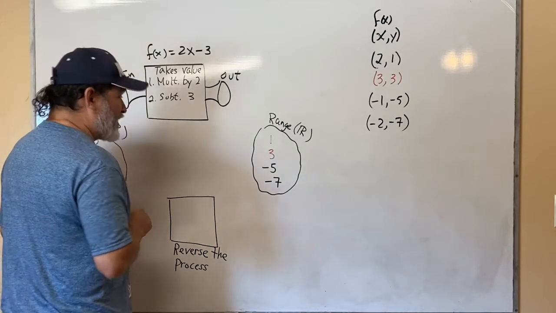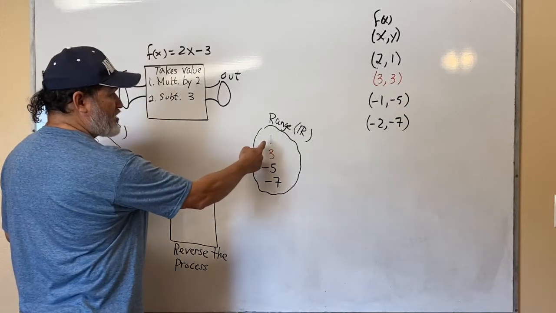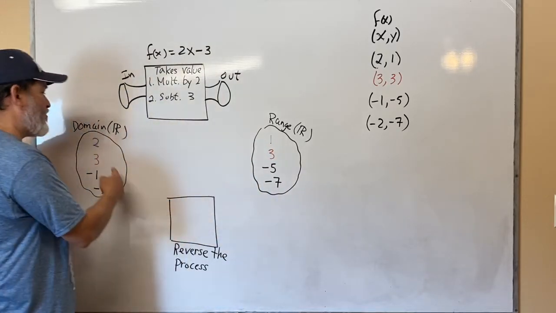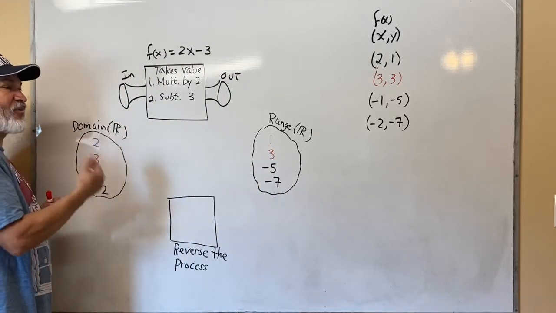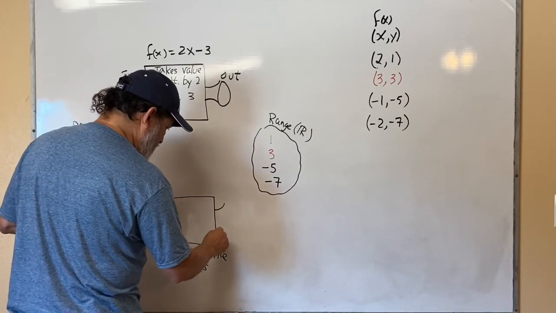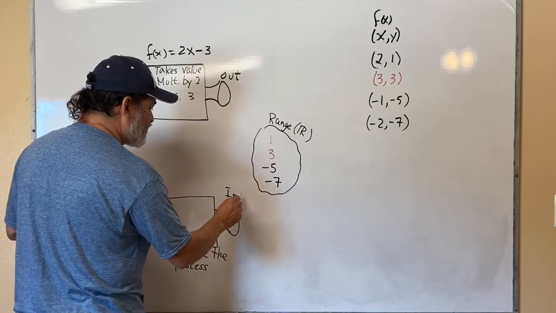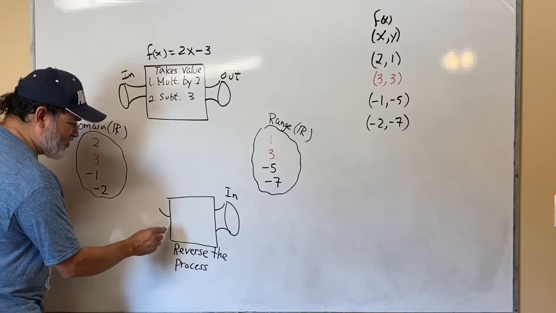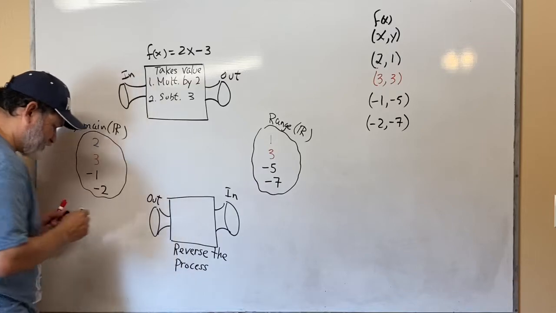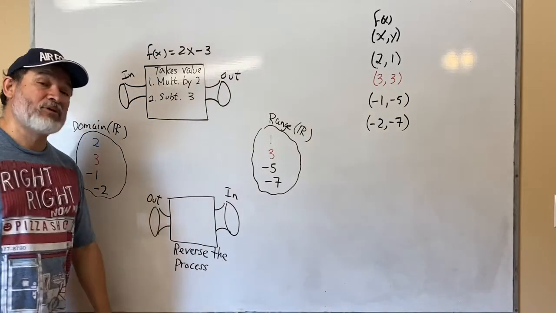So, because it's going to reverse the process, we're going to send these values into this function, and we better get these values. That's how we know it's reversing the process. So here we go. Now this is the function that we're looking for, and this is in, and this is going to be out. In and out.